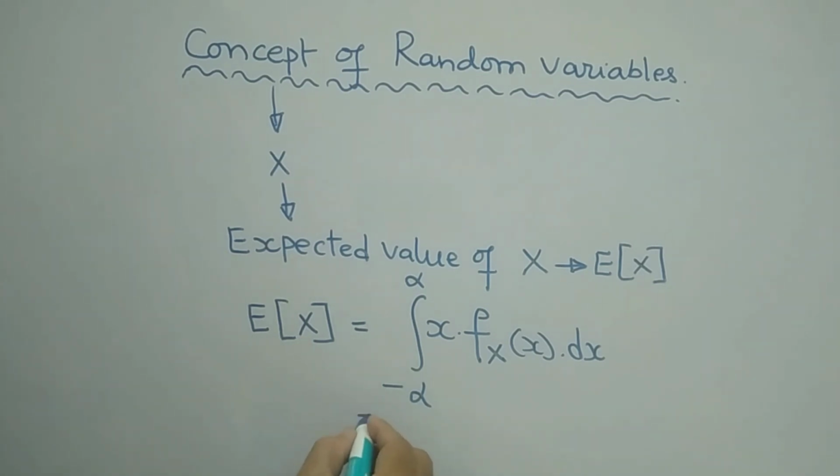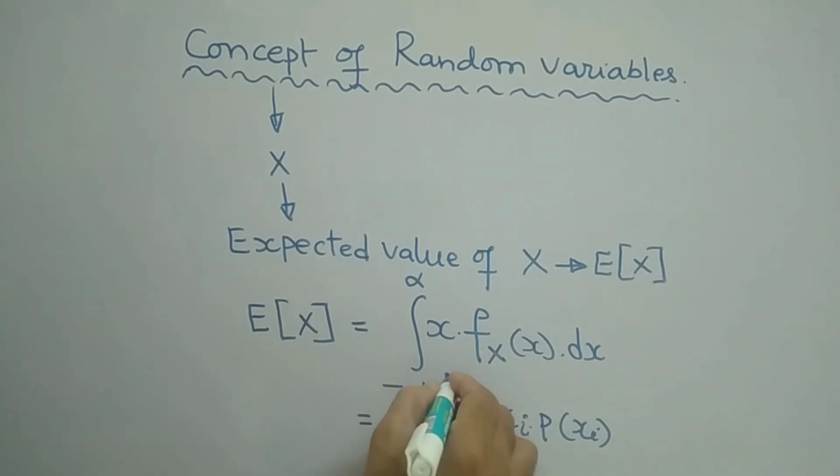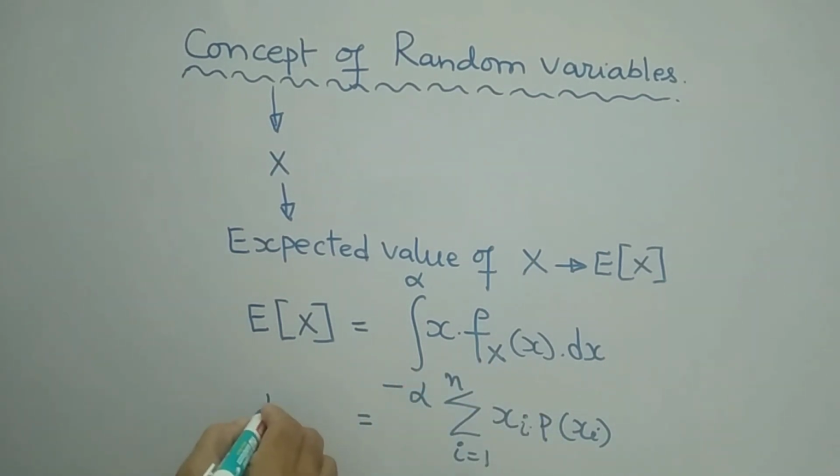Whereas if it is a discrete one, then normally summation will come. Sigma, this symbol is called sigma. It is x suffix i into p of x i, where i is equal to 1 to n you can take. Okay, this is also expected of x, right?